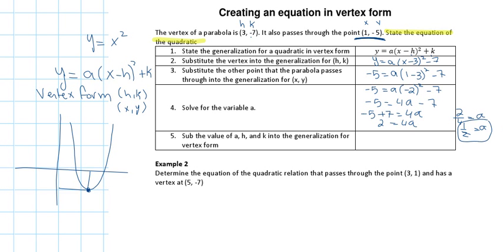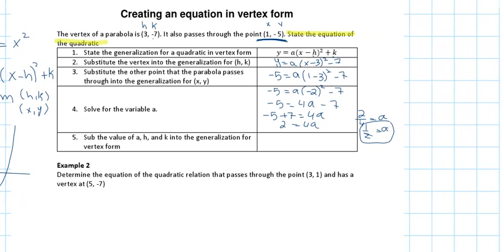If you have 4 times something equals 2, what would that something be? It can't be 2, right? Because 4 times 2 is not 2. 4 times 2 is 8. 4 times what gives me 2? 0.5. And 4 times 0.5 is going to give you 2. Your answer should make sense at the end.